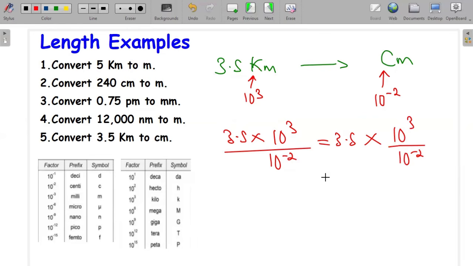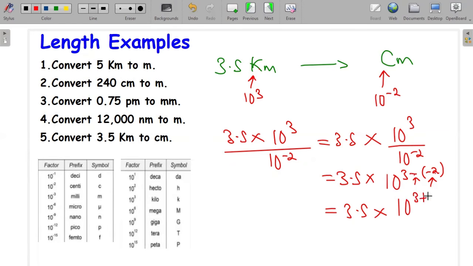The bases are the same, so we do what we've been doing: 3 minus minus 2. Make sure you put the minus as it is, because we are dividing. Negative and negative gives you plus 2.